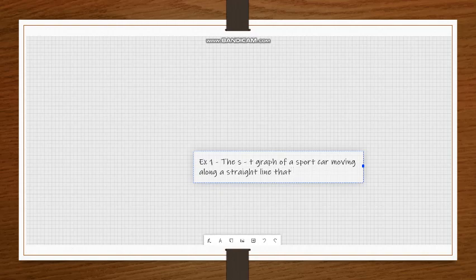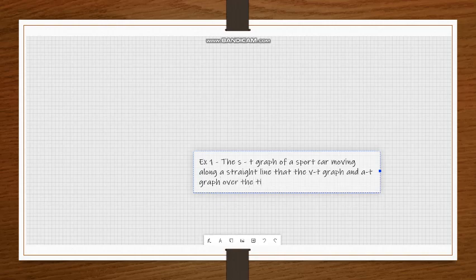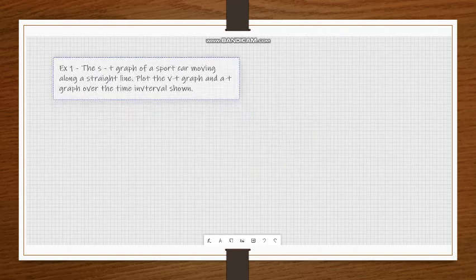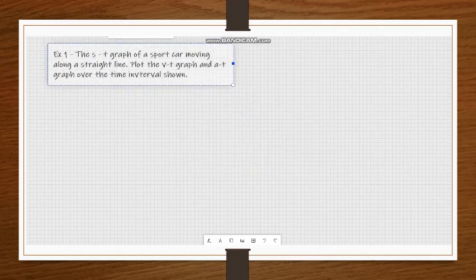Plot the velocity and time graph and acceleration and time graph over the time interval shown.